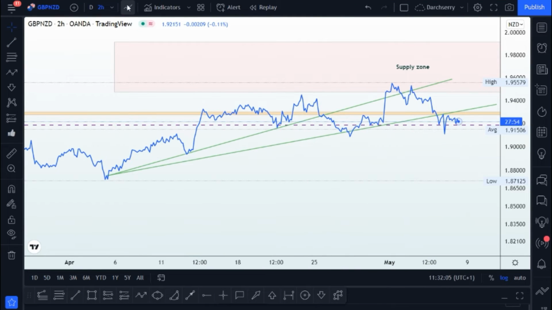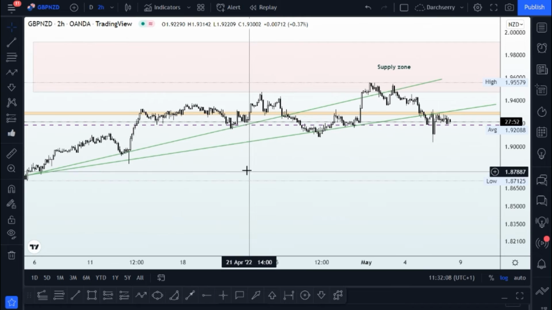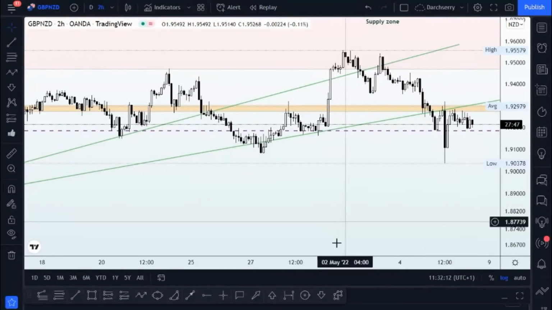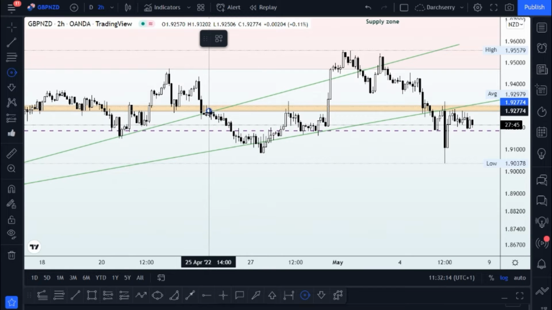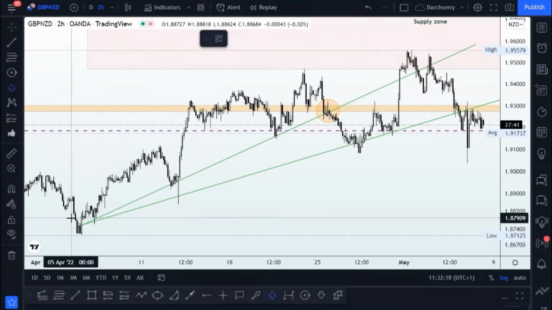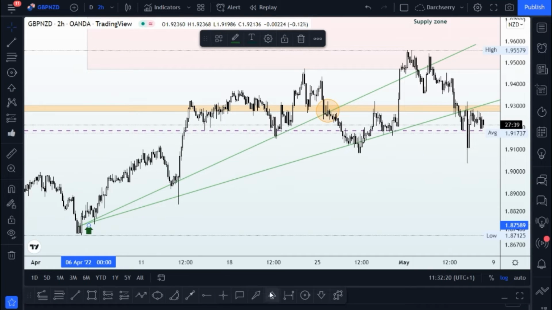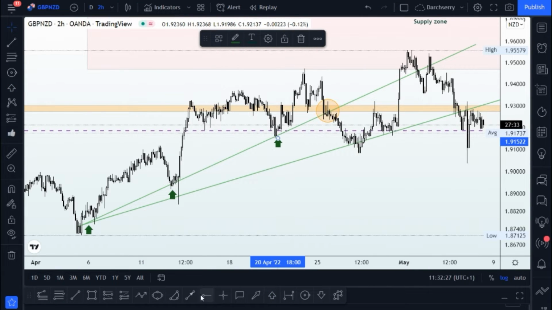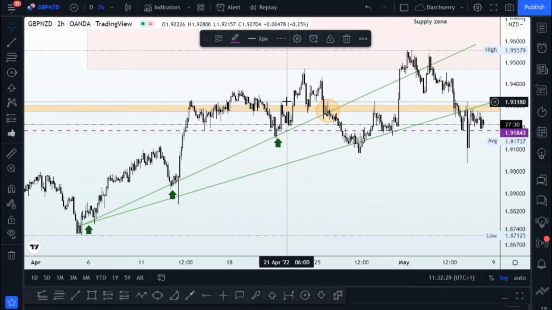So bringing out our candlestick pattern, we can see that we had a breakdown of the trend line here. You can see we had trend continuation here, trend continuation here, trend continuation here, but the expansion was not that strong.